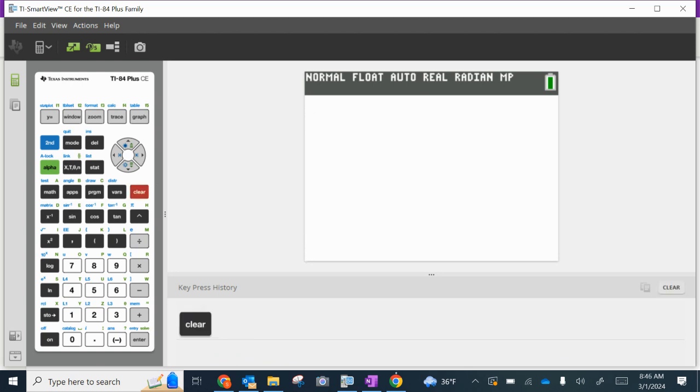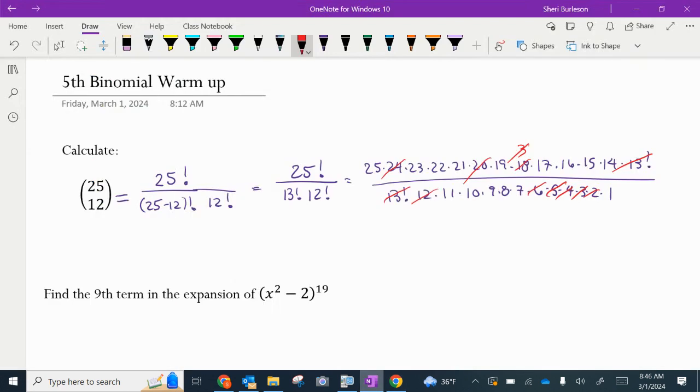So, from the video, we had the combination notations. This is the one we see in our binomial theorem, but we also had this notation that says to do the same thing, and this notation that says to do the same thing.